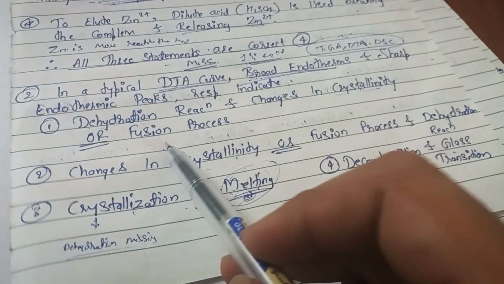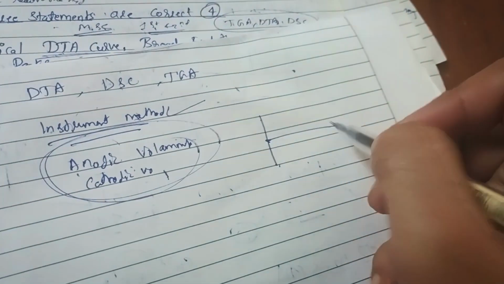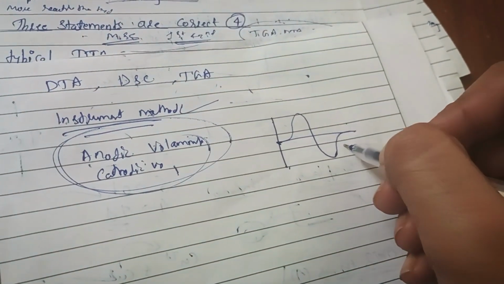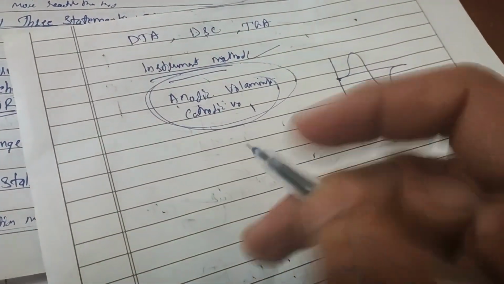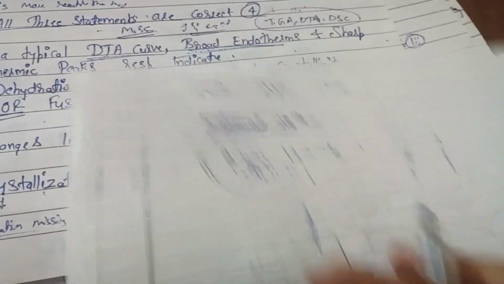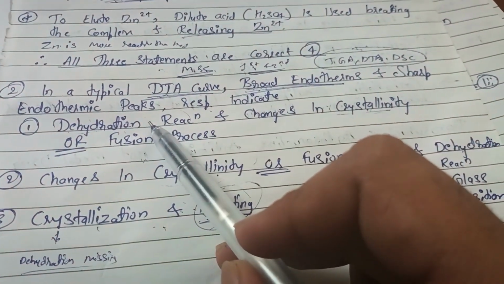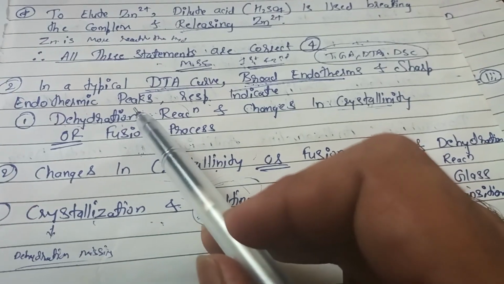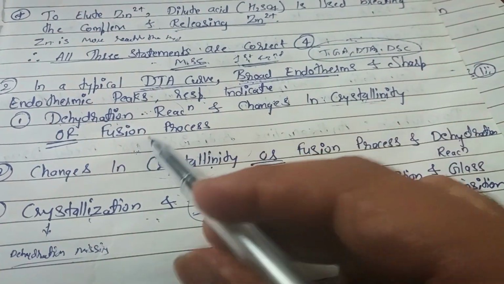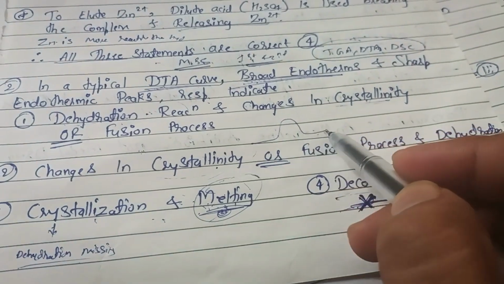If we come to this question, in a DTA curve this type of peaks will arise, an endothermic peak and an exothermic peak. For this curve, we can say that first dehydration will take place because of the water removal, so a broad peak will arise, since a slow release of heat takes place.